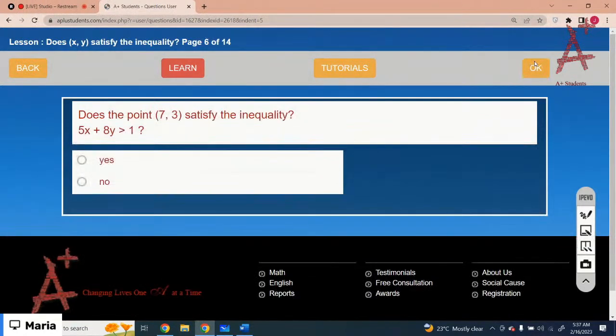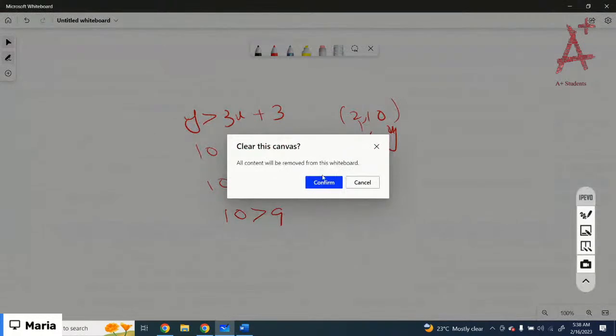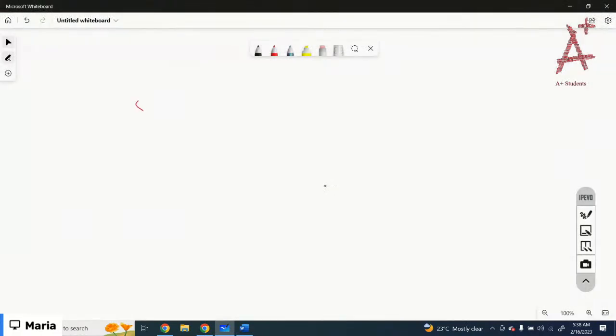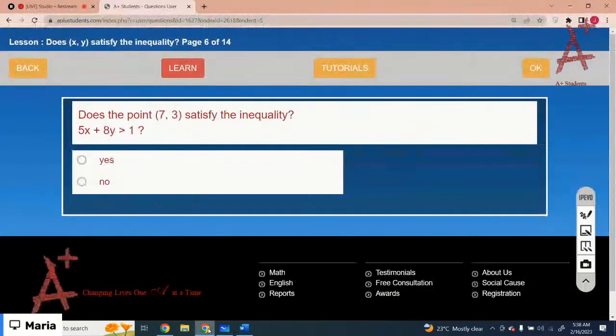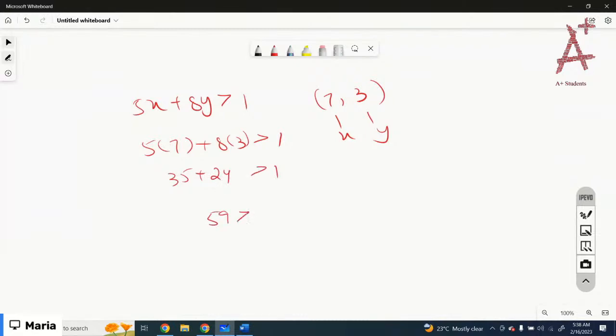Okay, does the point (7, 3) satisfy the inequality 5x plus 8y greater than 1, I think. Maybe the point is 7 and 3. x is 7, y is 3. 5 times 7 plus 8 times 3. 35 plus 8 times 3, which is 24. 59 is greater than 1.